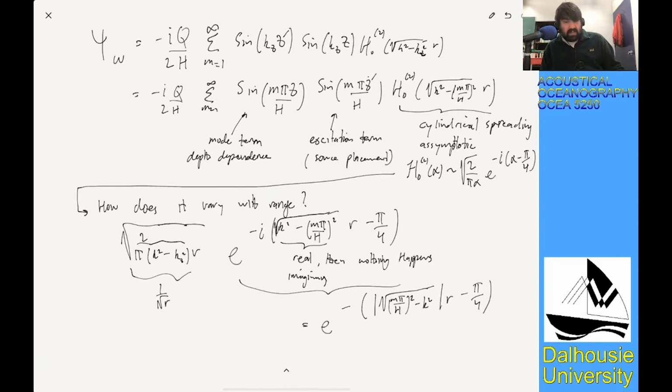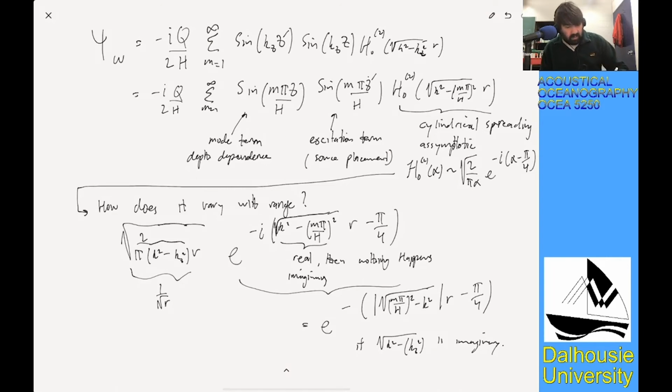And essentially we need this, so this is if k squared minus kz squared is imaginary. Okay? So really, this term is going to dominate if we have this inequality satisfied, right? So essentially, we have two different possibilities, right?